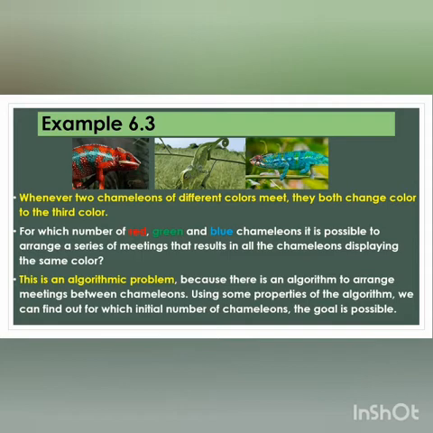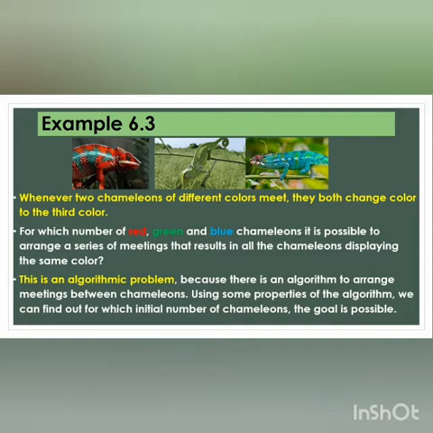For example, if the red and green chameleons meet each other, they will change color to blue, that is the third one. In the same way, if the green and blue chameleons meet each other, they will change color to red, that is the third one.